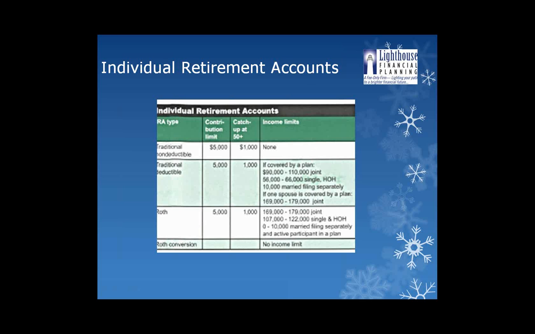So now you have an IRA with basis, which means that when you take the money out, the part related to the original contribution you made comes out tax-free, and then the earnings or appreciation is subject to tax.